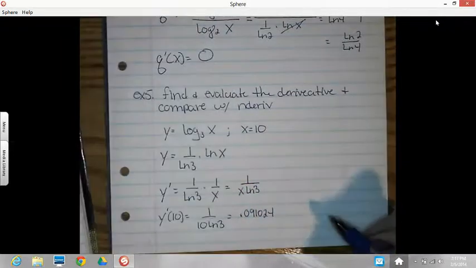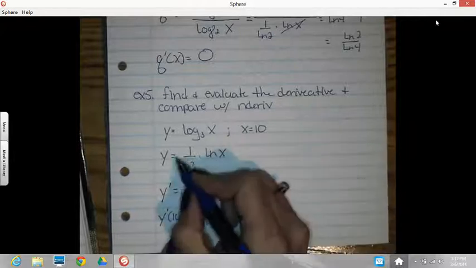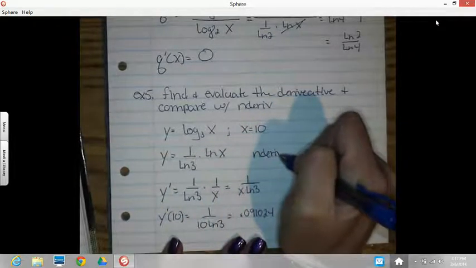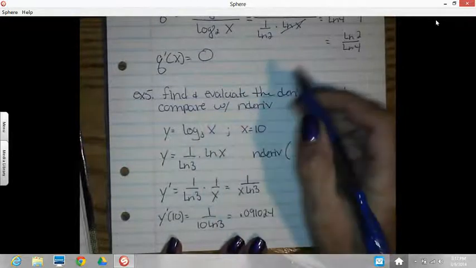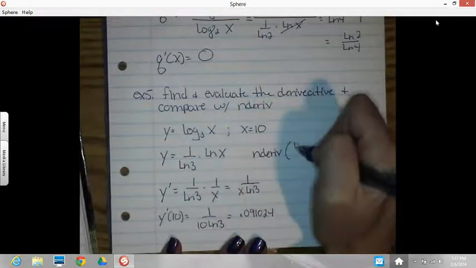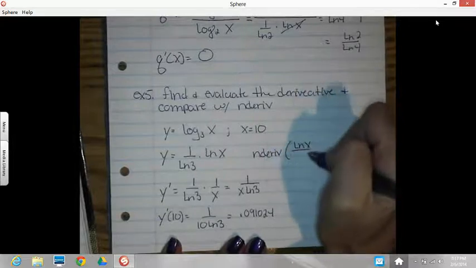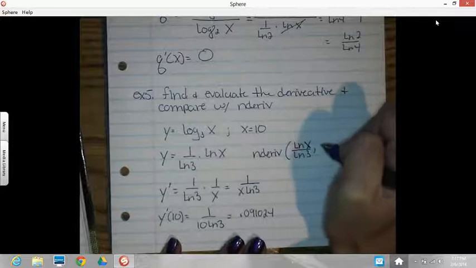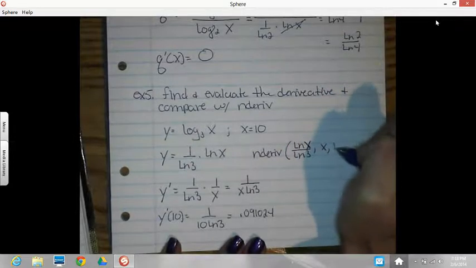Okay, nDeriv, here's my equation. I'm going to go to nDeriv, where we put in the equation. I'm going to stack it back up. Natural log of x over natural log of 3, comma x, comma evaluating at 10, when x is 10.